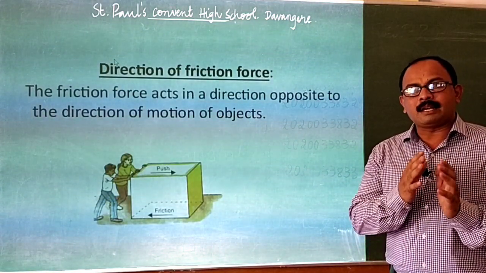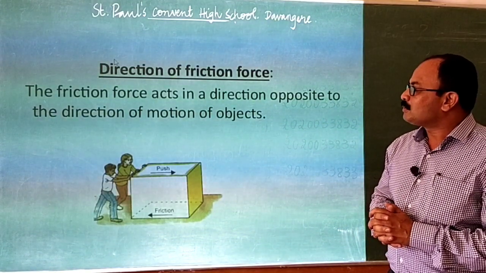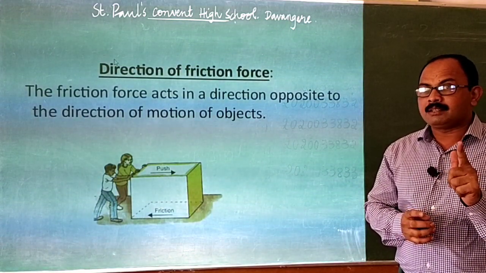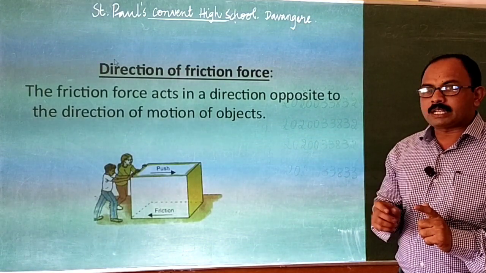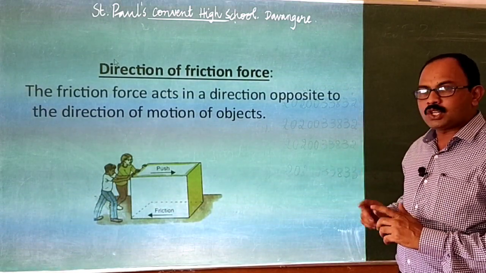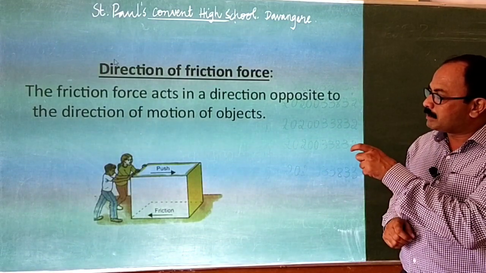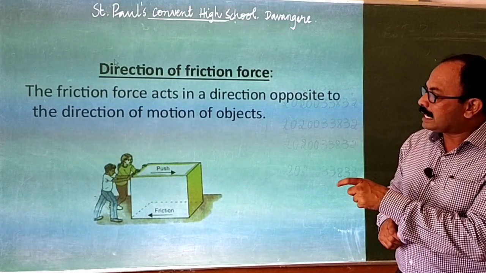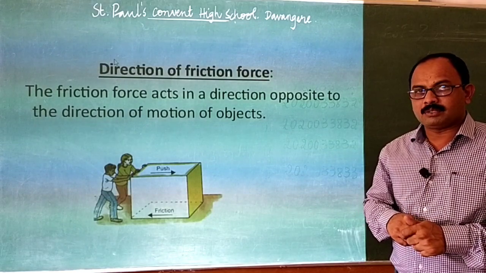Then, what is the direction of the friction force? See, two children moving a box in one direction. We have seen in our force and pressure lesson, there will be 4 types of force acting on it. One will be the force of push, another will be the force of friction, another will be the force of gravity towards the earth, and another one is the normal force, that is the force of reaction exerted by the ground.